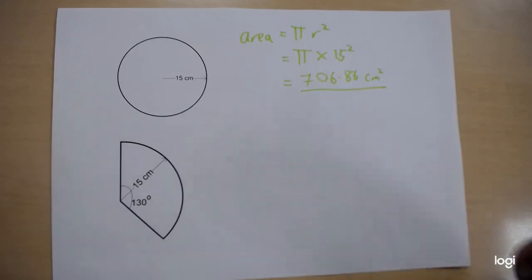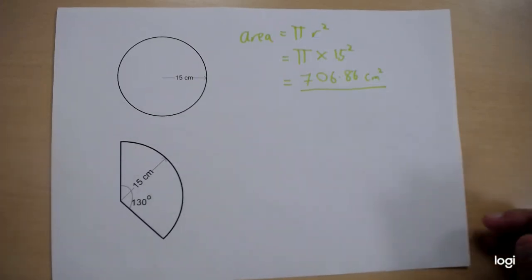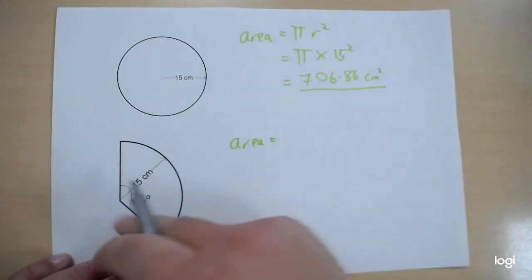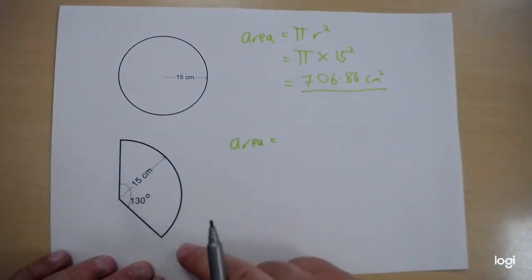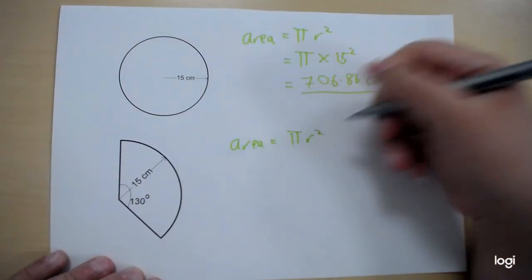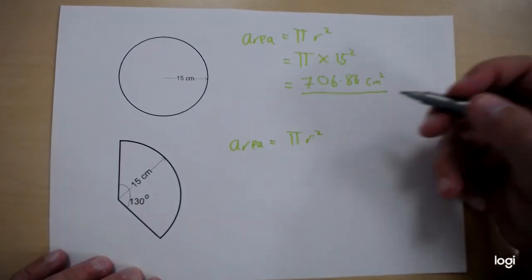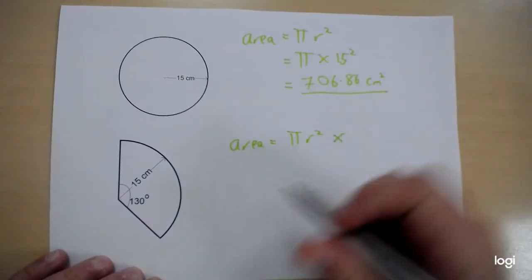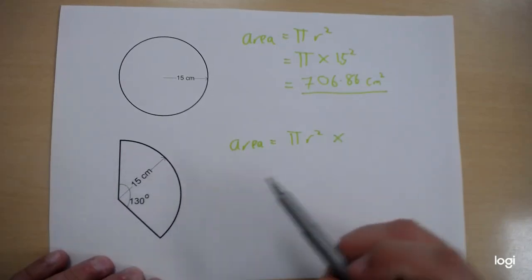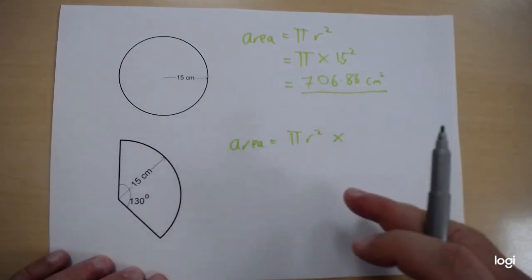Now, you have to understand that this 130 degrees is 130 degrees out of a whole circle, and the whole circle has 360 degrees. Therefore, the area of a sector is, first we find the area of the whole circle, so it's pi r squared, but then we have to multiply that by the fraction that this sector is representing of a whole circle.